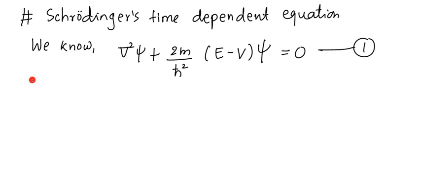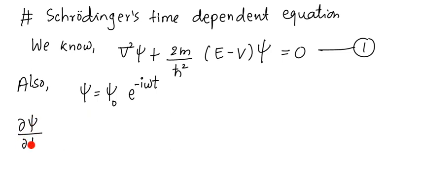For this, as we already stated, psi is equal to psi naught e to the power minus i omega t, where psi naught is a function of position coordinates only. Now del psi divided by del t is equal to psi naught times minus i omega e to the power minus i omega t.